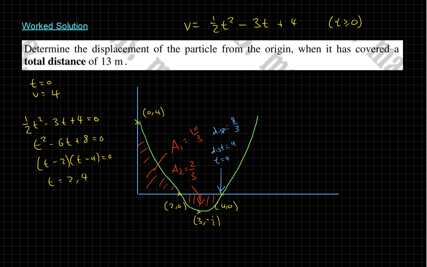Now we want to know what's happening when the distance is 13. So if the distance at this point is 4, then that means if we keep going along, let's just imagine some time period in the future at which the distance is 13. So in that case, what would the area be of that third area?